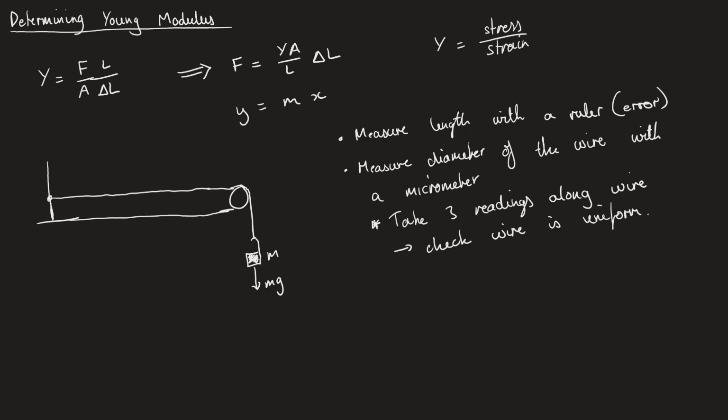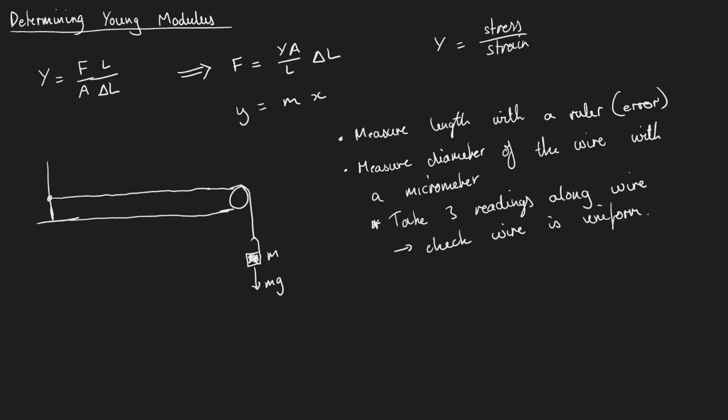If you find that the diameter is different at each point, you would then have to calculate the area of each of those and take an average area for the total wire. If you find that your values vary quite drastically, so a difference of like a few micrometers isn't going to change your result in the end, but if you find that your thickness changes by something like 0.5 millimeter, that can have quite a big effect on your value.